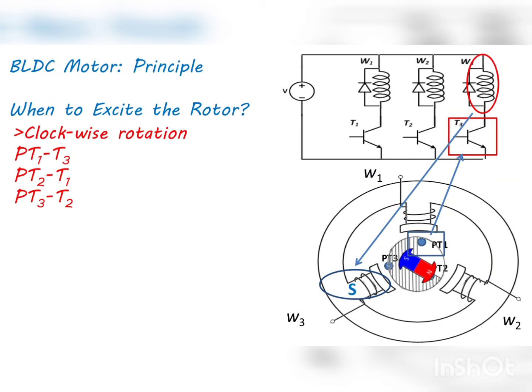Now PT1 encounters the transparent region, which allows the light to pass through it, and as a result PT1 turns on and makes transistor T3 turn on. Hence winding W3 is excited and the rotor further rotates 120 degrees.